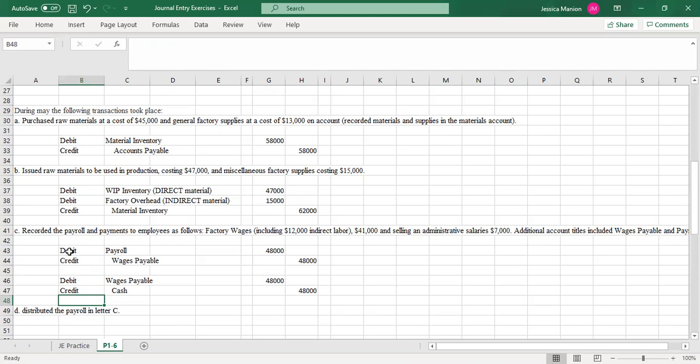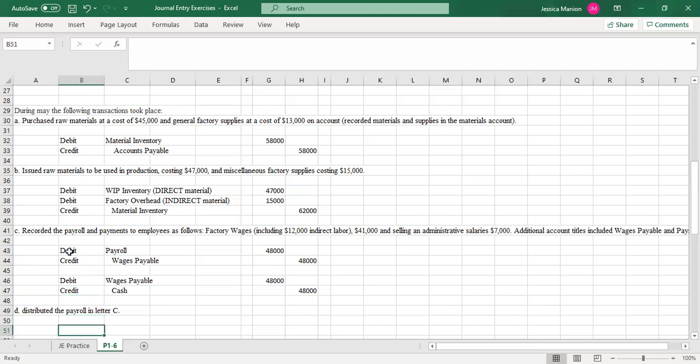So the direct labor amount gets debited to work in process. The indirect labor gets debited to factory overhead. And then the selling and administrative salaries get debited to selling and administrative expenses, right? Is what that one would look like.